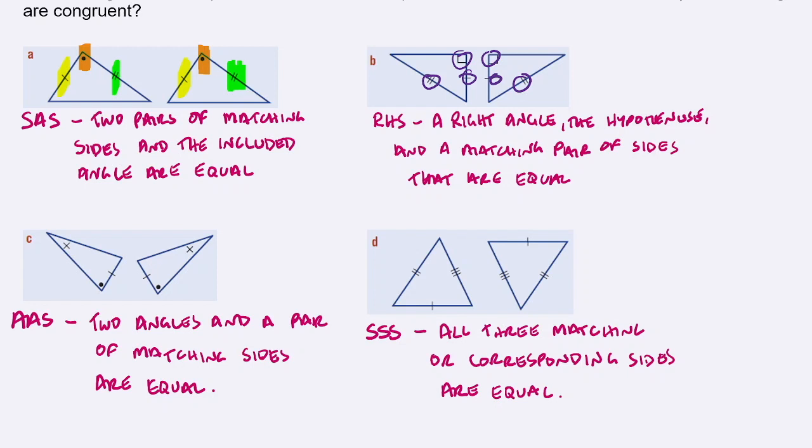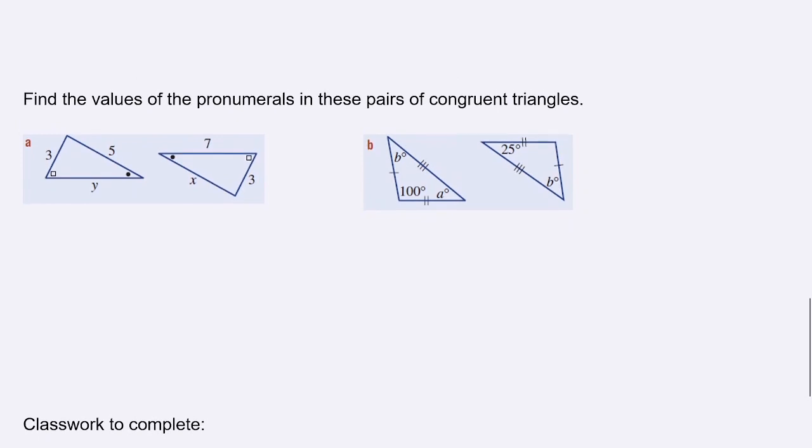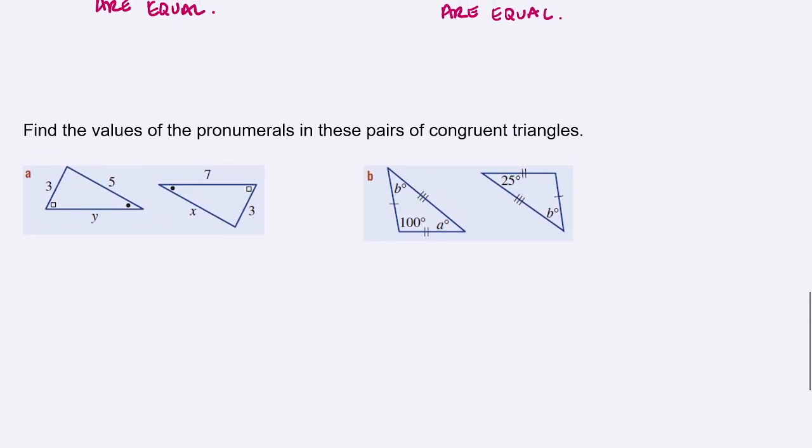2 more little questions to look at. We're going to find the values of some pronumerals now using those tests. So we can see that we've been told that yes, these triangles are congruent. It is in the question. These triangles are definitely congruent according to our question.